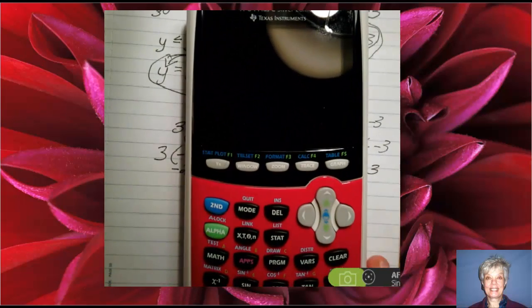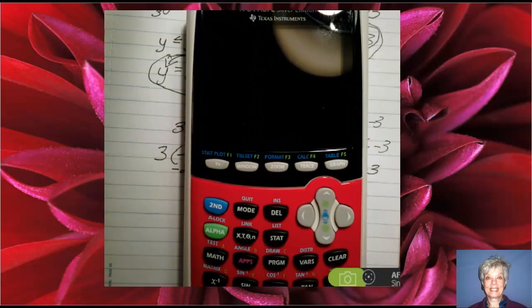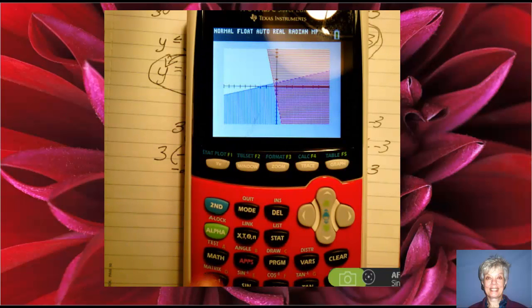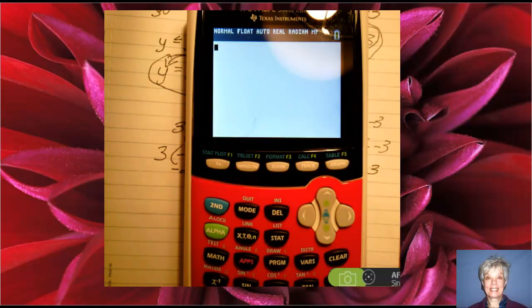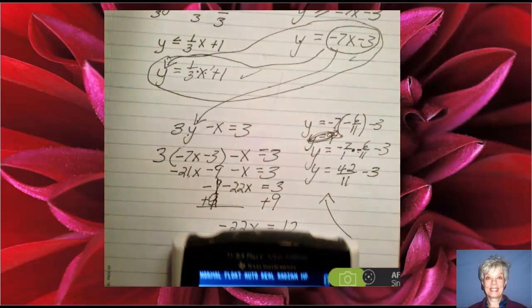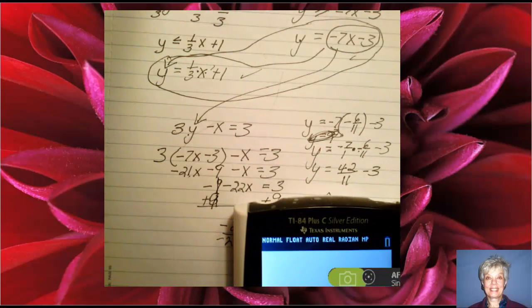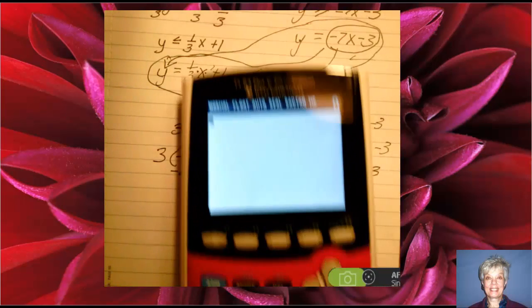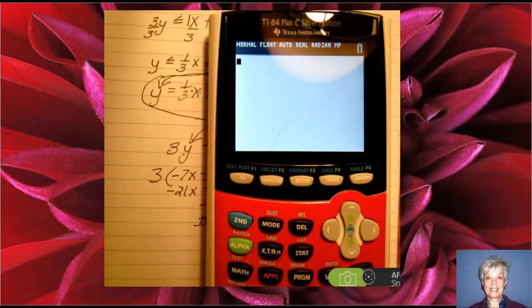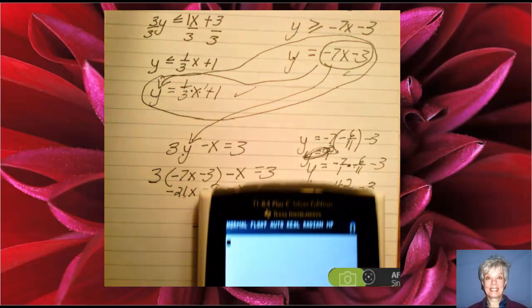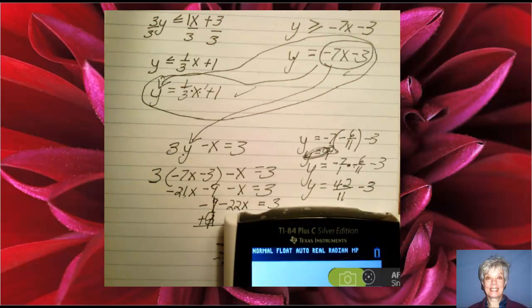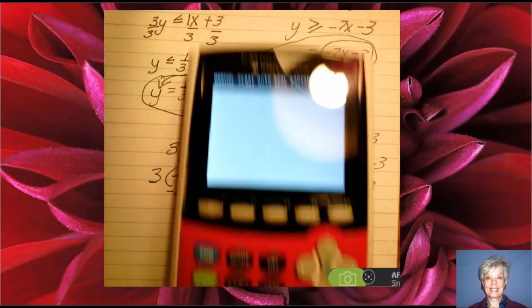So let's go back here. And I'll turn it on and I'll go second quit. That'll give me a blank screen. And now I'm looking at 42 over 11 minus 3.